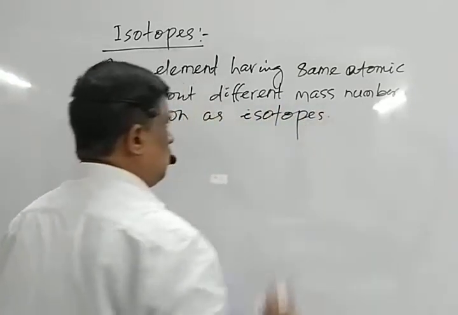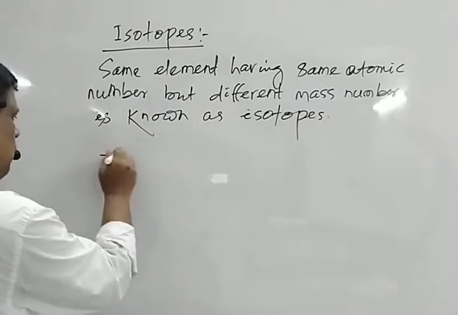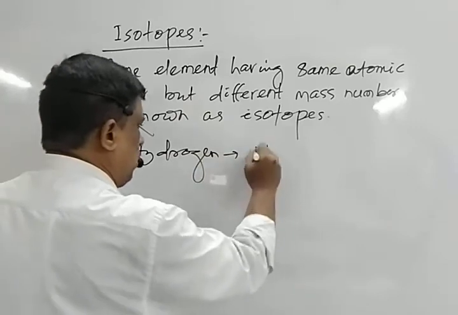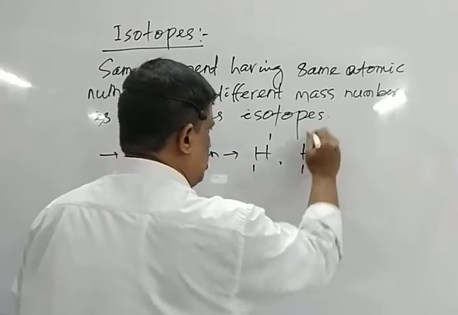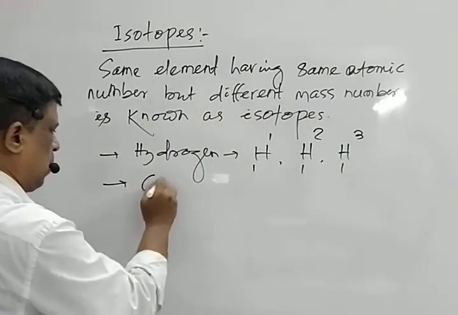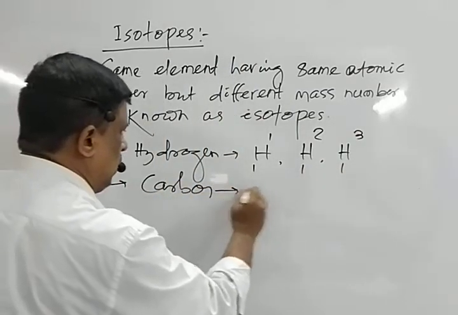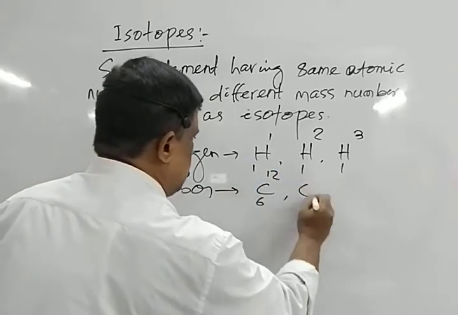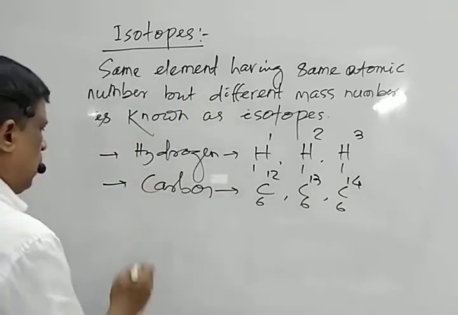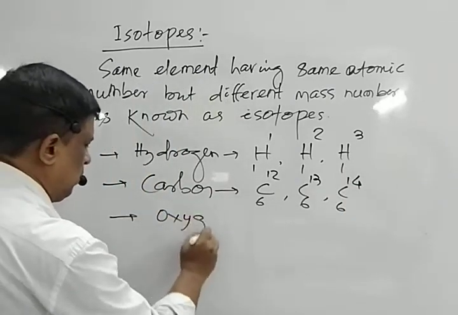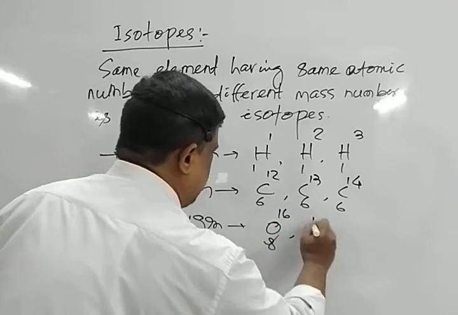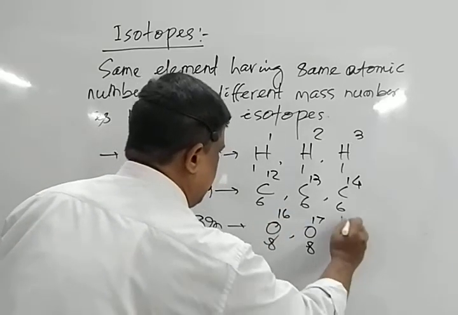isotopes. For example, if we select hydrogen: H 1 1, H 1 2, H 1 3. If we select carbon, then C 6 12, C 6 13, C 6 14. If we select oxygen, O 8 16, 8 17, 8 18.